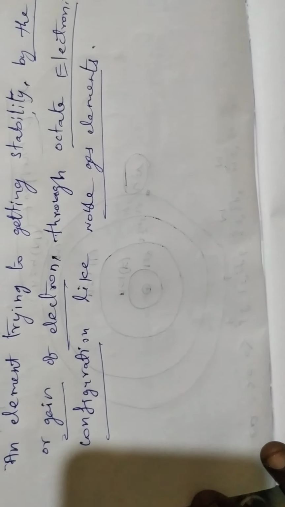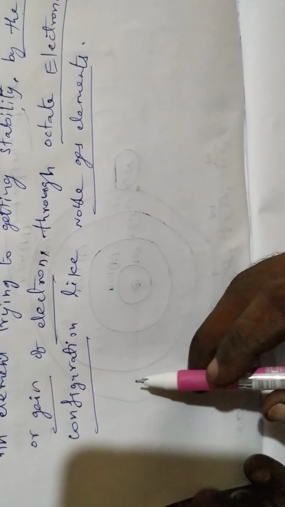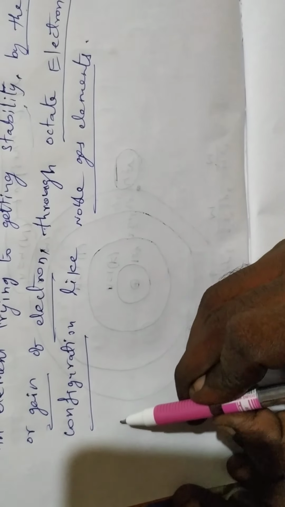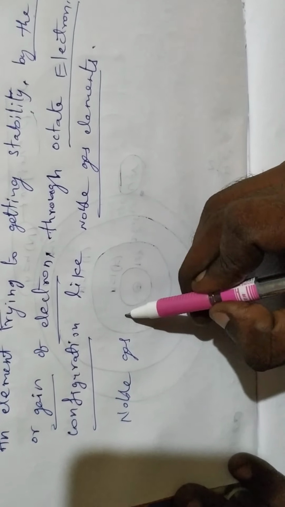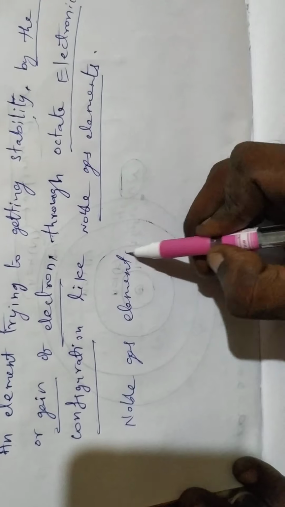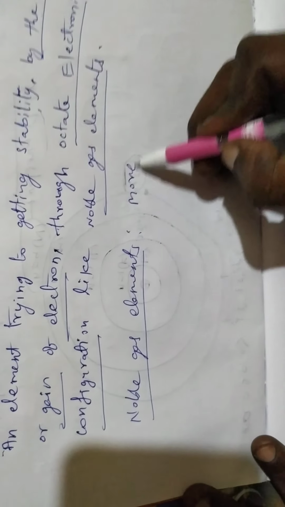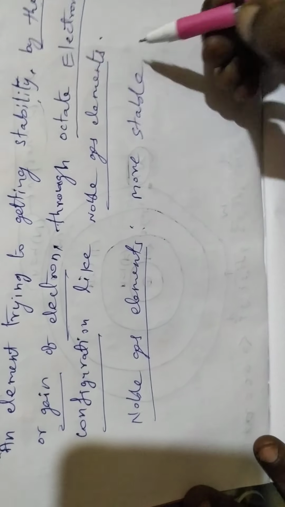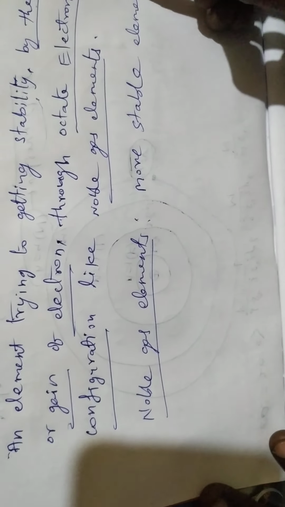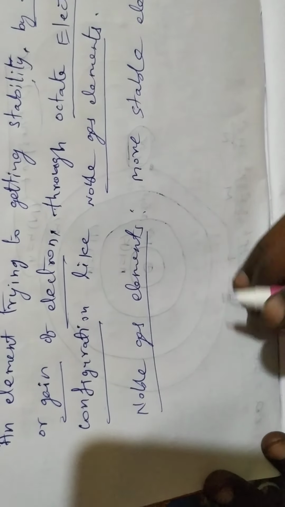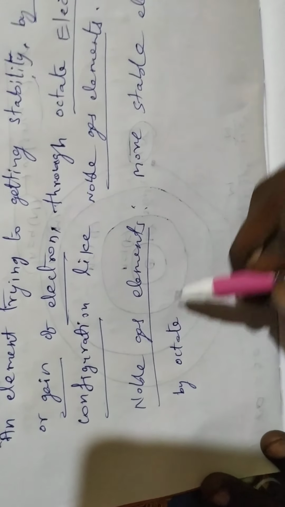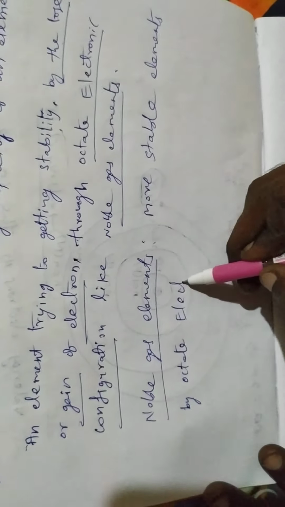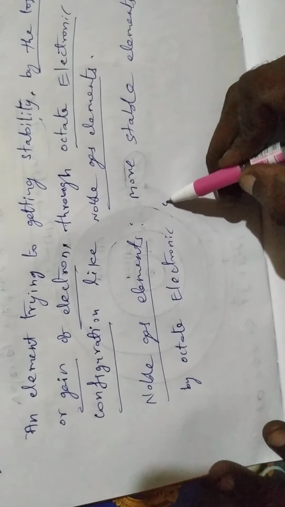How many noble gas elements are in the periodic table? 6 noble gas elements are in our periodic table. Those are noble gas elements, more stable elements by octet electronic configuration.